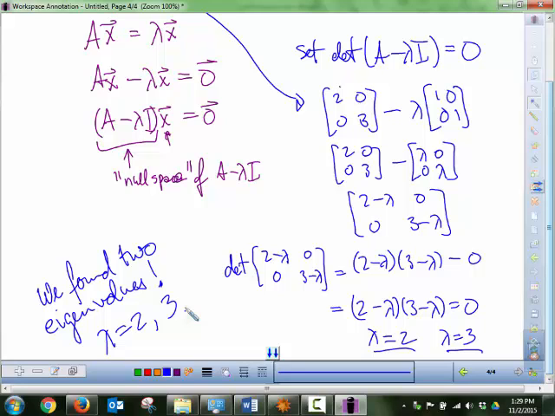Well, the eigenspace will be determined by the eigenvectors that you find. When they say eigenspace, we'll find the eigenspace for 2, and we'll find an eigenspace for 3, and then those are going to be your eigenspaces. So your eigenspaces correspond to your eigenvalues.